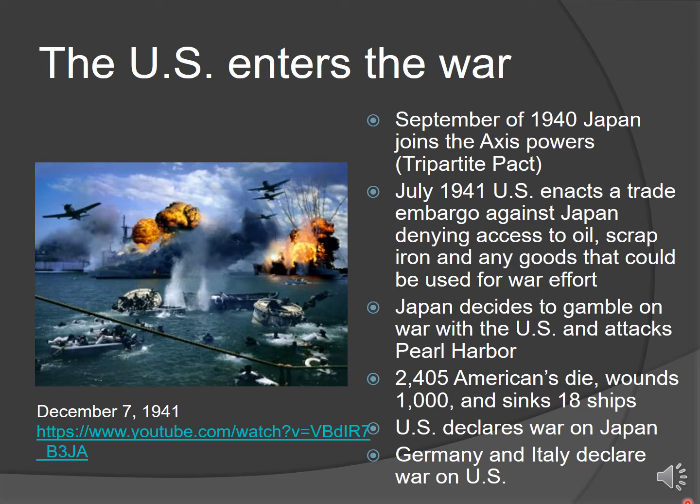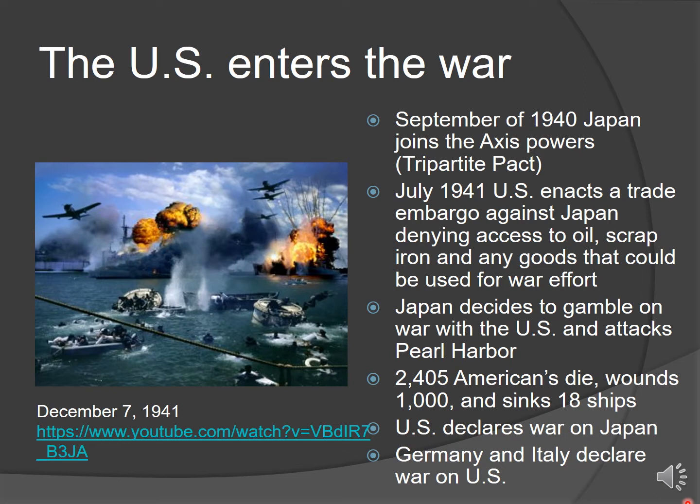But what ends up really tipping the scales is when the United States discovers that Japan planned to invade the resource-rich Dutch East Indies. And at that point, it announces a trade embargo against Japan. And that will basically deny Japan access to oil, scrap iron, and other goods essential for its war machine. So that happens in July of 1941.